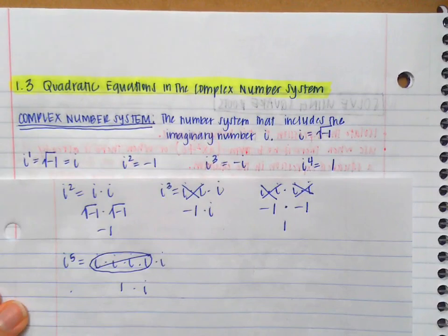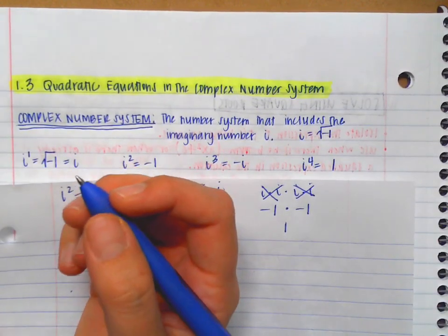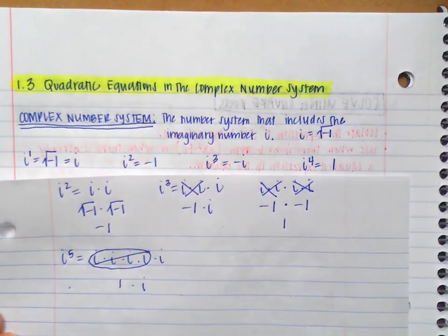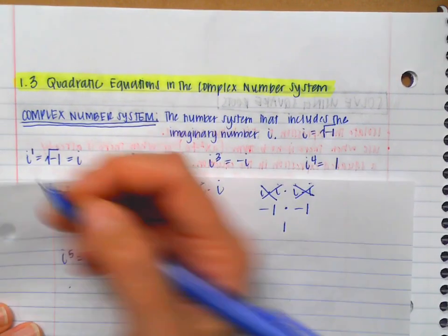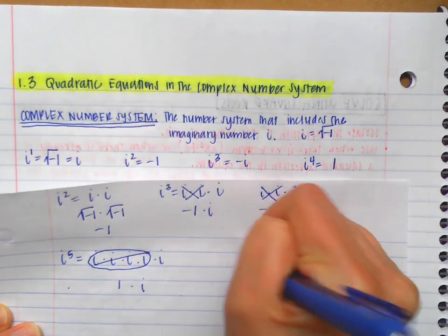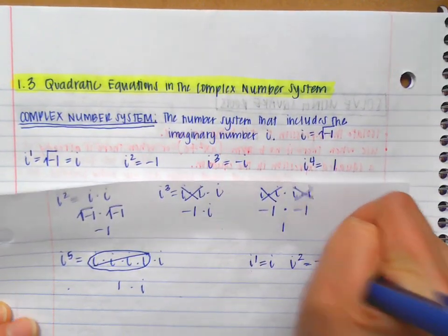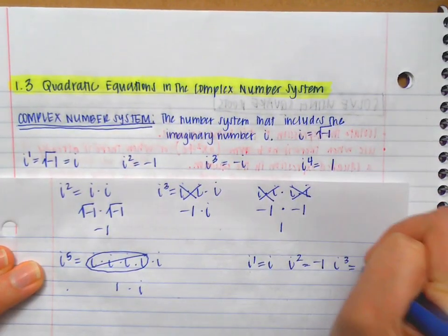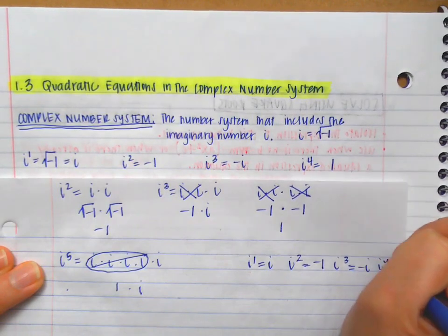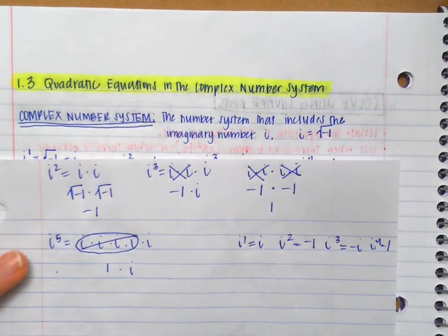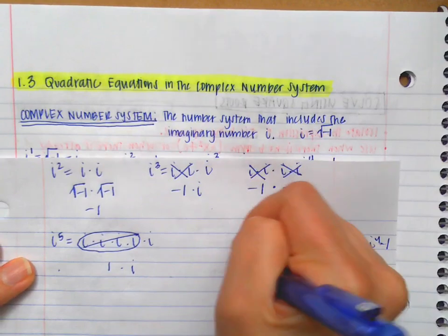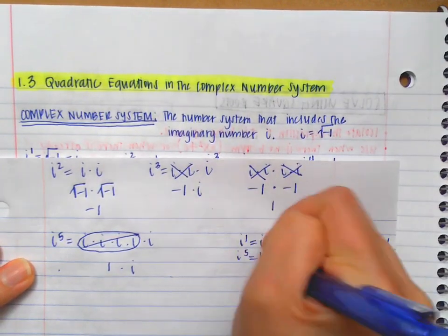So I'm just going to write this. Okay, I'm going to write it here. So i to the 1st is i, i squared is negative 1, i cubed is negative i, and i to the 4th is 1. And then i to the 5th is i.